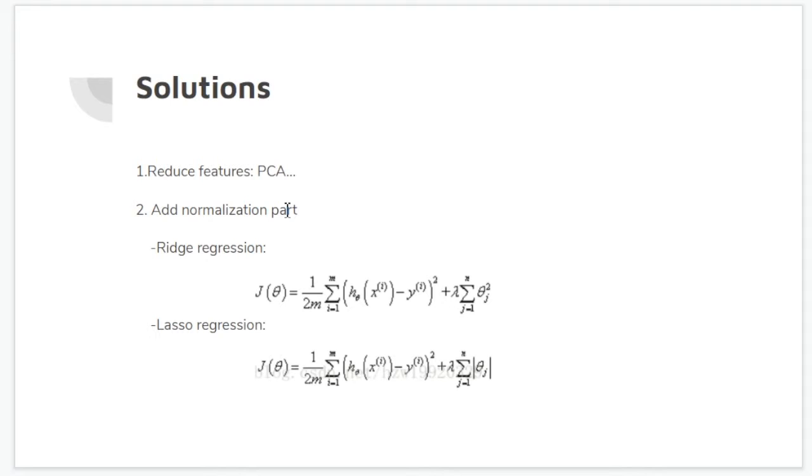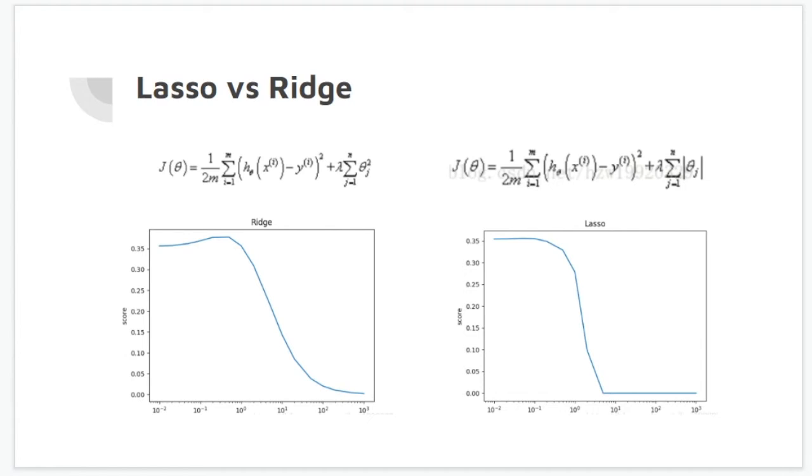Ridge regression and lasso regression are based on the second way. The main difference is that lasso uses the L1 norm and ridge regression uses the L2 norm. It is known that ridge loss shrinks the coefficients of correlated predictors towards each other, while the lasso loss tends to pick one of them and discard the others.